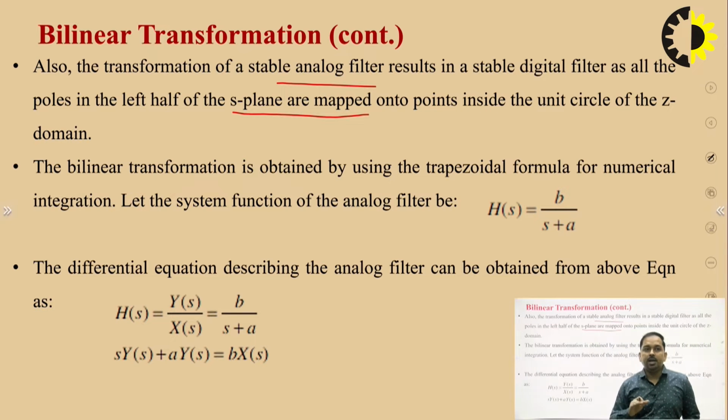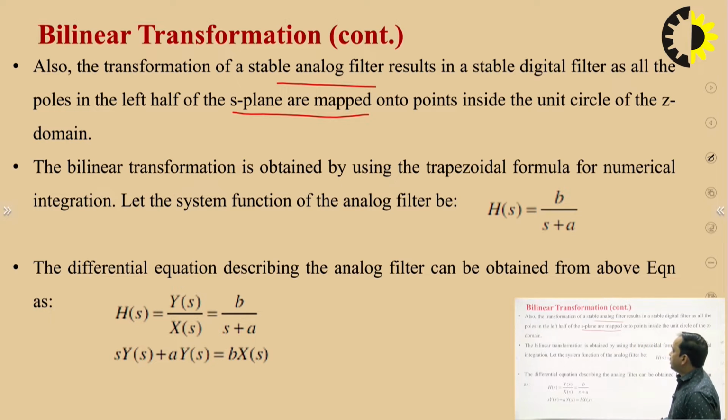To see the stability in the S plane, the poles must lie in the left hand side of the S plane, and its counterpart in the Z domain says that the poles must be inside the unit circle. So if the analog filter is stable, the corresponding transformed filter in the Z domain will also be a stable filter.